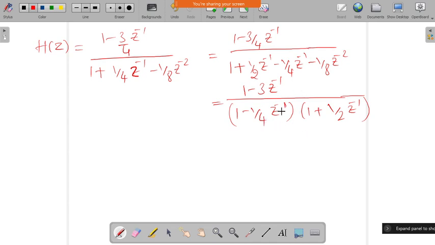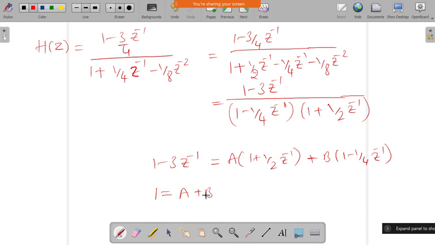So now again use the partial fraction method and find the values of A and B. So we can get 1 minus 3 by 4 z inverse equal to A into 1 plus 1 by 2 z inverse plus B into 1 minus 1 by 4 z inverse. Now 1 will be equal to A plus B, and the z inverse terms give minus 3 by 4.